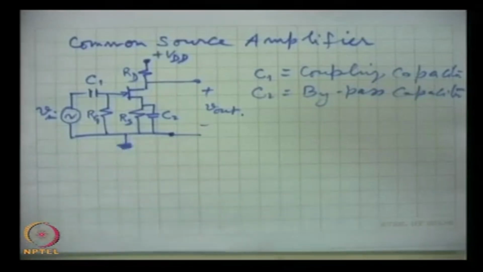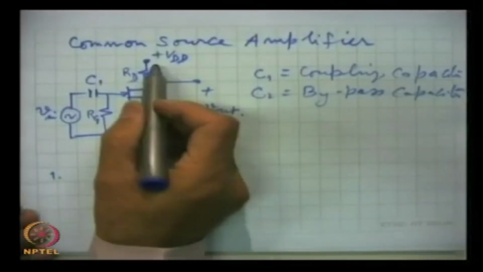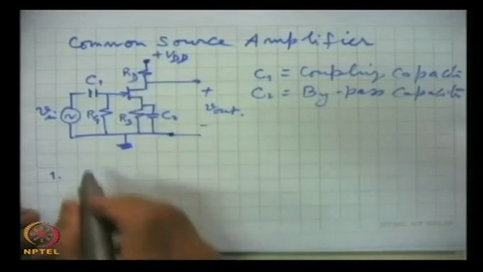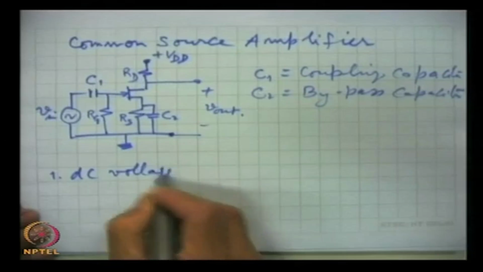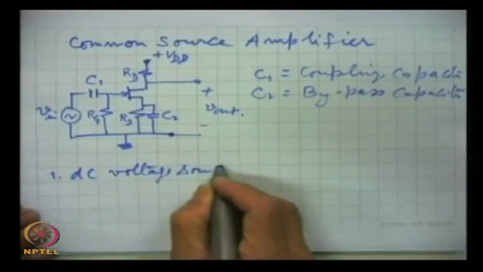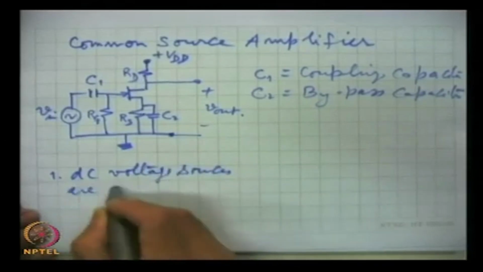For that, let us remind you, we talked about all these points when we discussed the analysis of a bipolar transistor amplifier, but again briefly we talk about them. For drawing the AC equivalent, the first thing is that DC voltage sources are grounded.